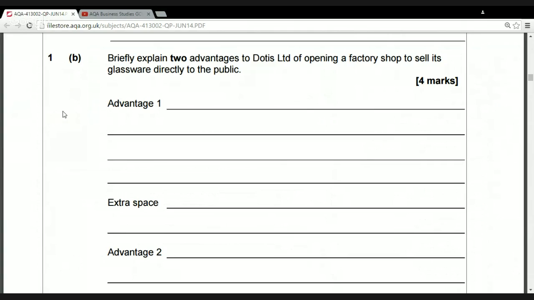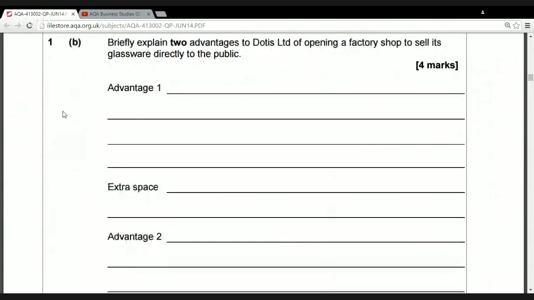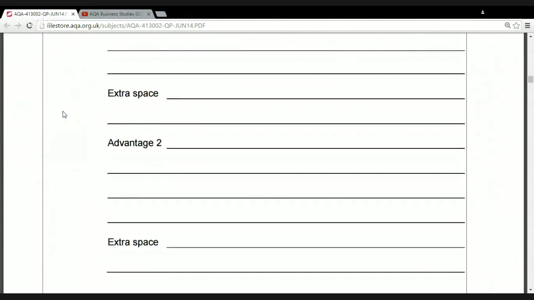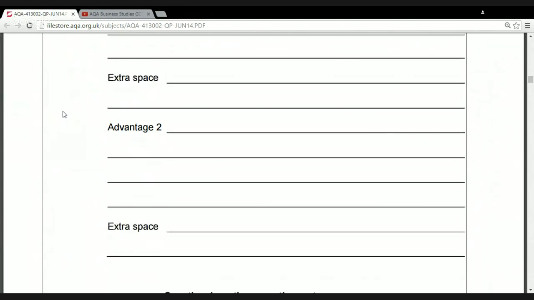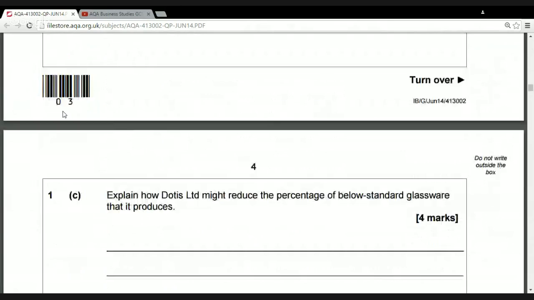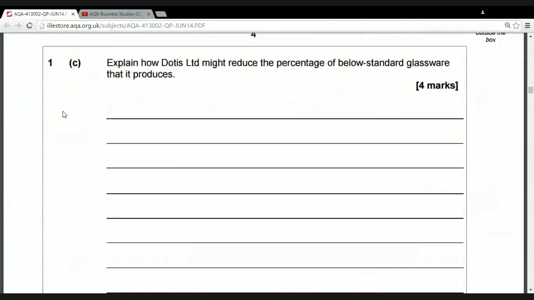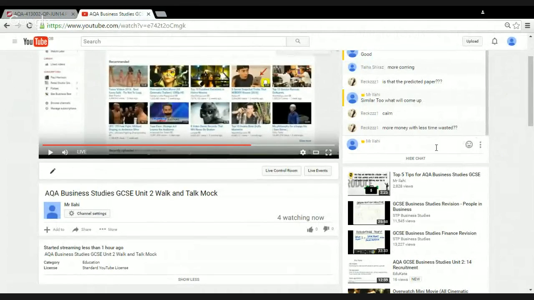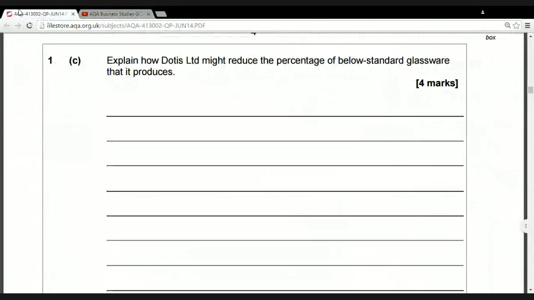And they can also receive direct customer feedback for their designs. Yeah, more money with less time wasted.